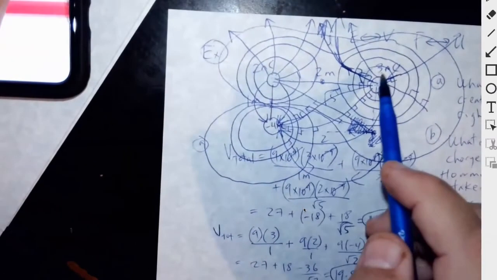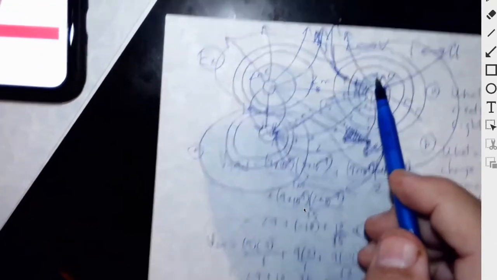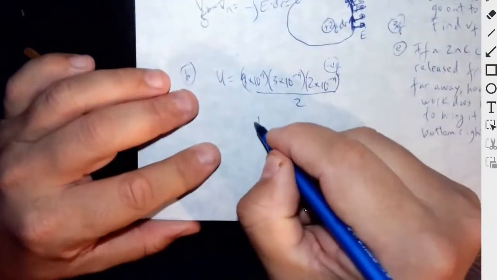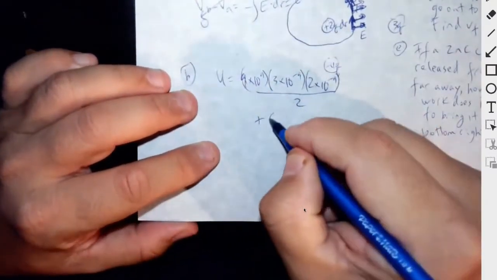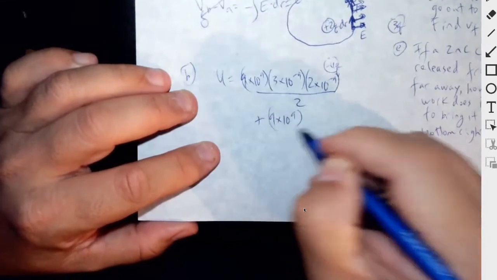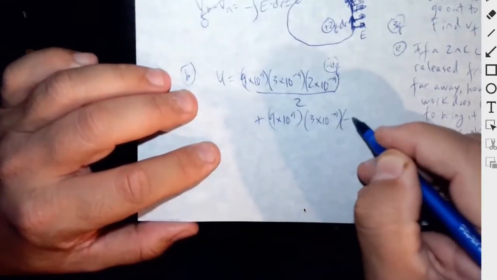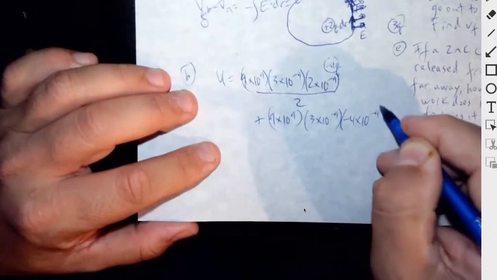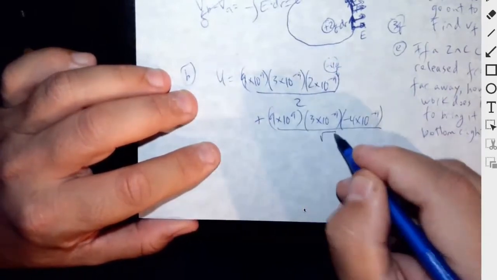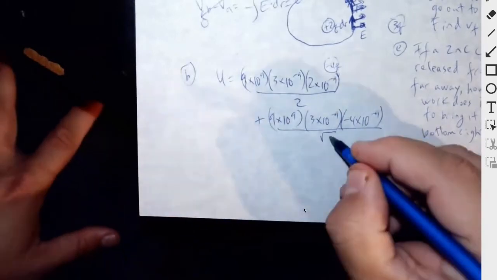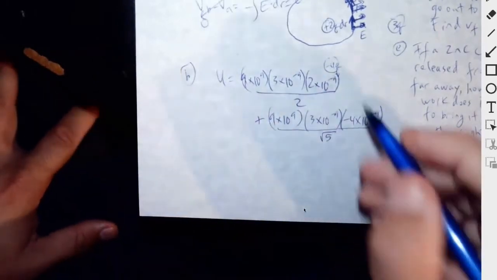The 2 and the 3. Then the 3, what energy does it have with the negative 4? So then add to this 9 times 10 to the 9th, 3, negative 4. And then the distance is what? Square root of 5, right? Yeah, 5. And that's it.